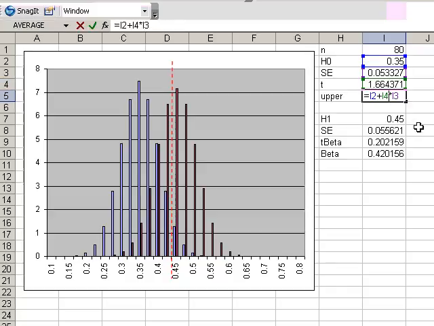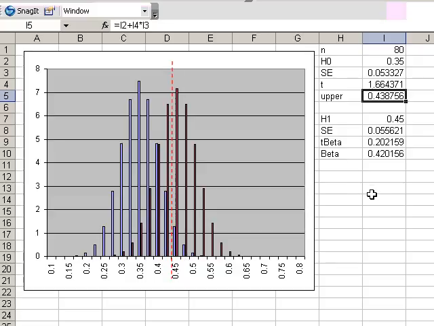So the upper limit is the mean plus the t-value of 1.66 times the standard error of 0.05, and the red line here indicates approximately the 0.438 upper limit.